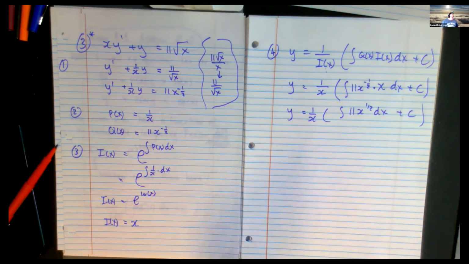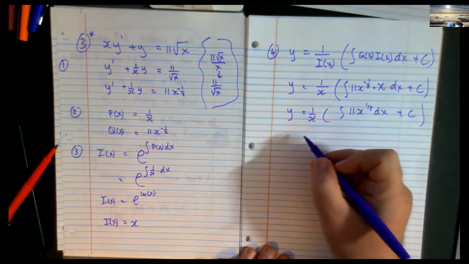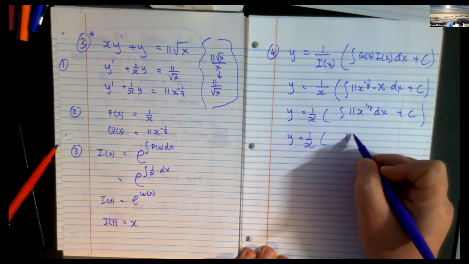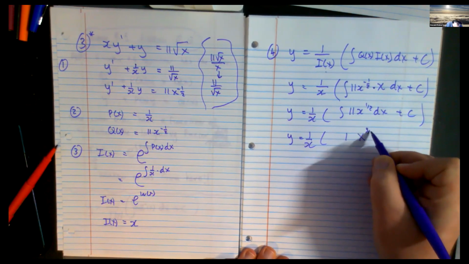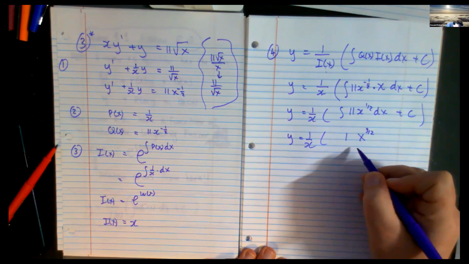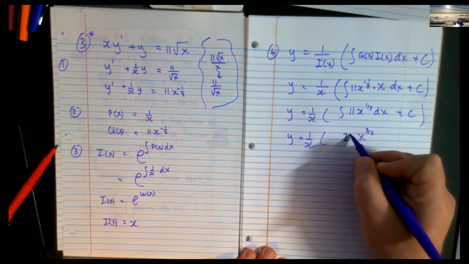An x to the negative a half times an x. 1 plus negative a half, you get a half. And then just going to do the power rule. Add 1 to the power, and then divide by the new power. So what's that going to get? It's going to get me 22 thirds.